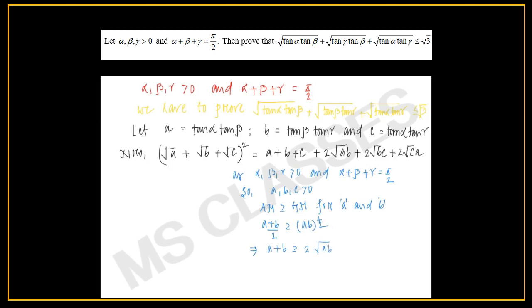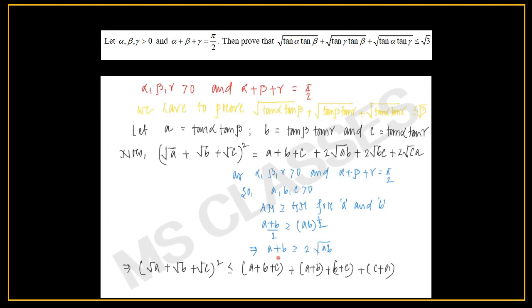So now from the above expression we can write here (root A plus root B plus root C) whole square is less than or equal to A plus B plus C plus A plus B plus B plus C plus C plus A. Because the maximum value of this product is A plus B.